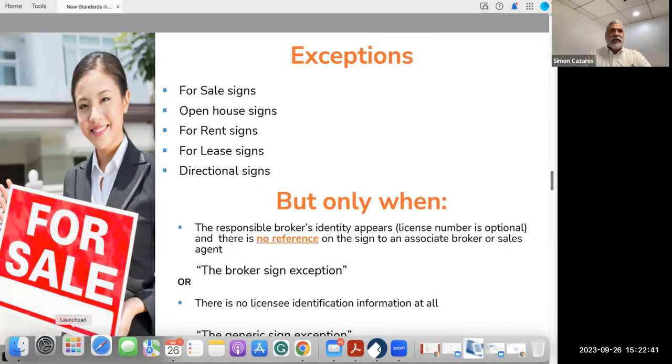I doubt, and this is just my opinion, that the DRE will flag you because of one directional that doesn't have it, and it's a very generic one. Because as I said earlier, if your directions lead you to where the sign does have Keller Williams and your license number, then you're in compliance.